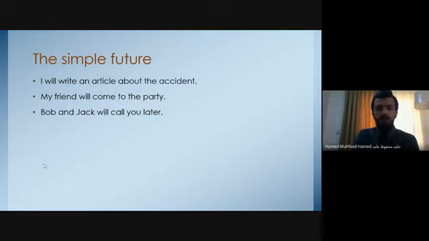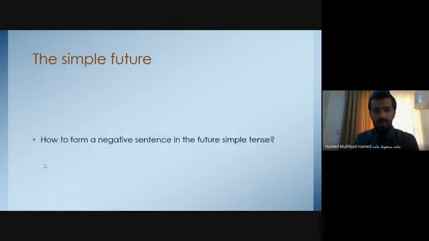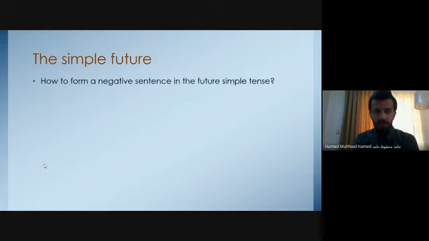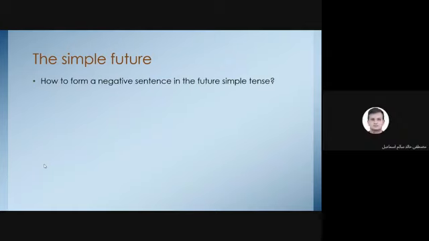Now we move to the other type of sentence, which is the negative sentence, right? So how to form a negative sentence in the future tense? Mustafa? Subject and will not or won't, and the root of the verb and the complement, and full stop.